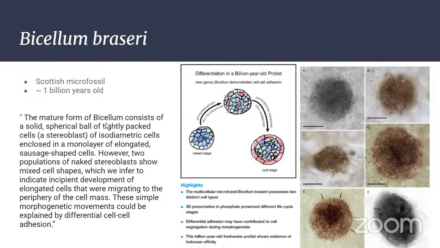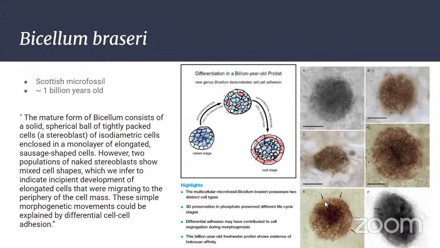This is a direct quote from their article where they were reporting this. They were talking about this mature form of their fossil organism, describing it as a sphere with tightly packed cells enclosed in longer kind of sausage shaped cells. So maybe that can be seen best in E, I would guess.